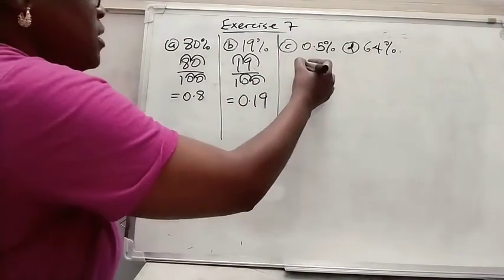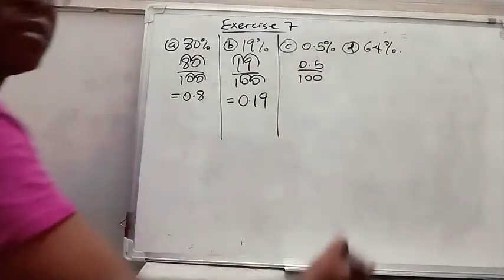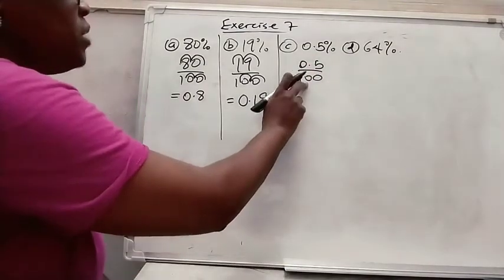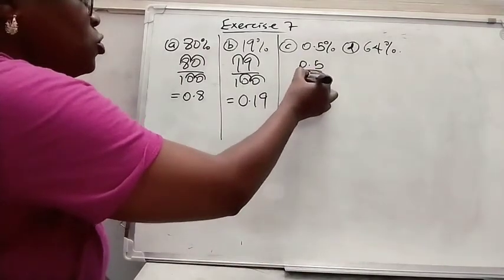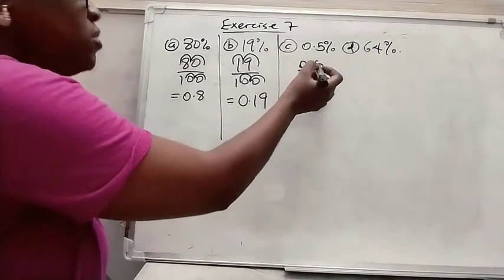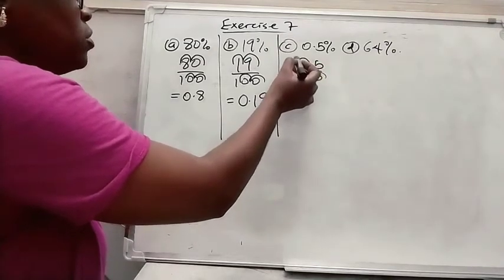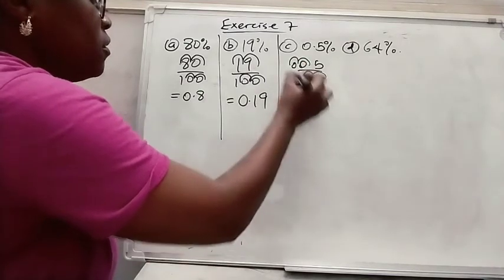That's for that. Then we have 0.5 over 100. Okay? So what do we do to make this 1? We'll move this decimal 2 places. Then whatever we do at the denominator must be done at the numerator. 1, 2. So we have 0.005.